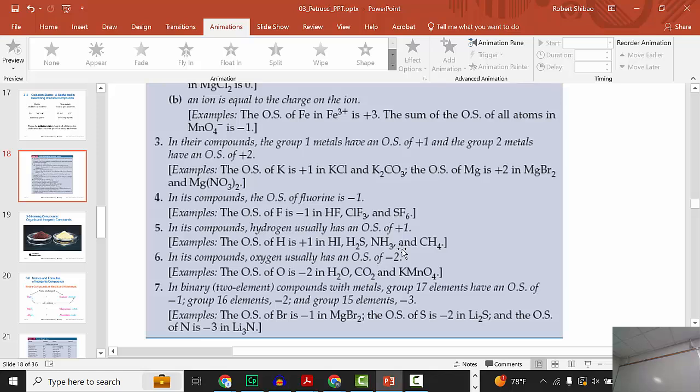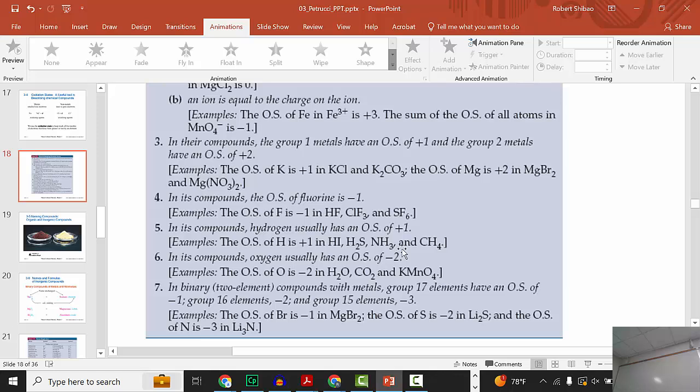So group 1 and group 2 get +1 and +2. In compounds, those are always +1 and +2. Hydrogen is always +1. Fluorine is -1. Hydrogen is usually +1.